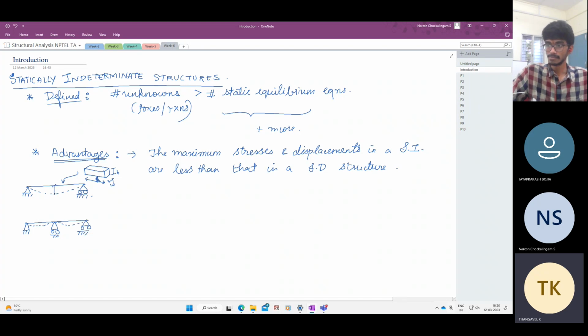So here, when the maximum deflection is delta, here because of the reduced span, it will be much less. And also there is a hogging moment that comes onto this. So here the displacements will be less and the stresses will also be less.